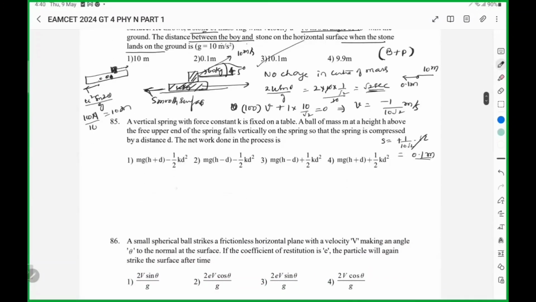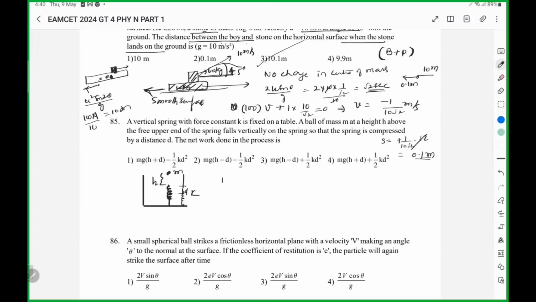A vertical spring with force constant K is fixed on a table. A ball of mass M at a height h above its free end falls vertically downwards, so that the spring is compressed by d.